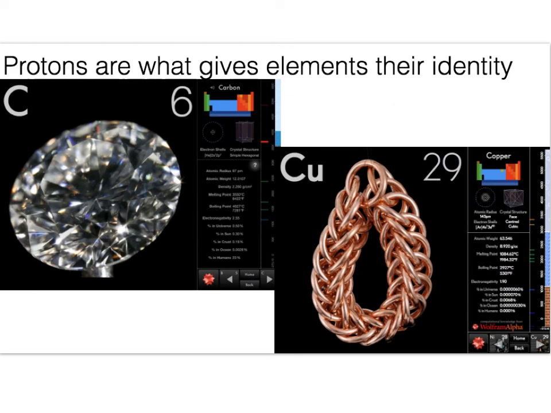And so what makes carbon carbon and what makes this diamond a diamond is the fact that it has 6 protons at the core of every single one of its atoms. And what makes this beautiful copper earring or necklace or woven object is the fact that at each one of these copper atoms you have 29 protons at its nucleus.